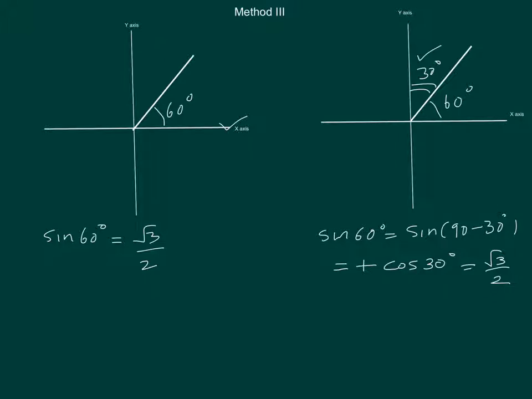While if the question demands to change our ratios from sine to cos, tan to cot, or sec to cosec, and vice versa, then we should be wise enough to choose y-axis as the line of reference.